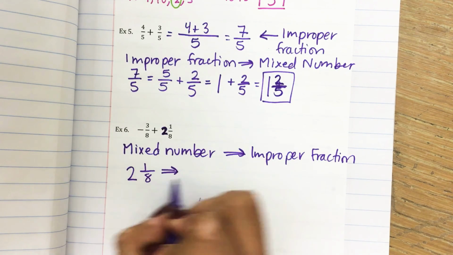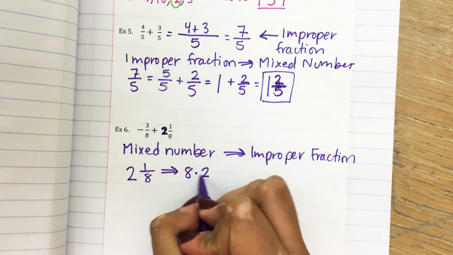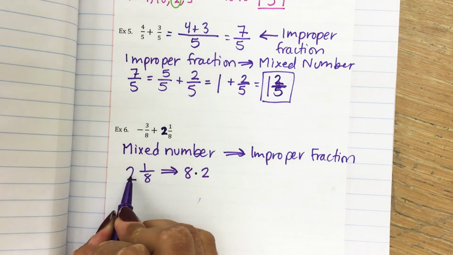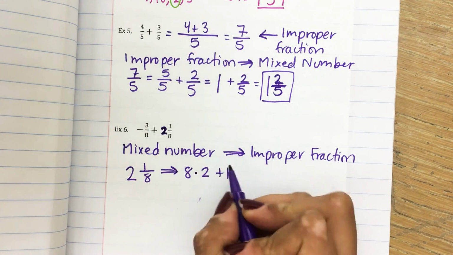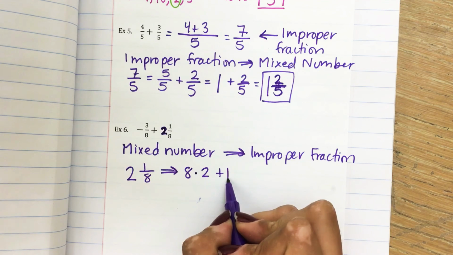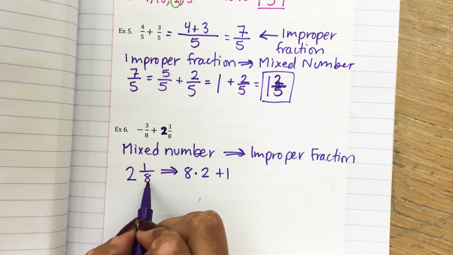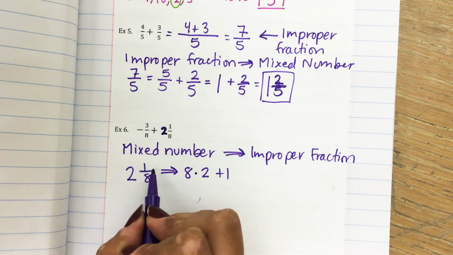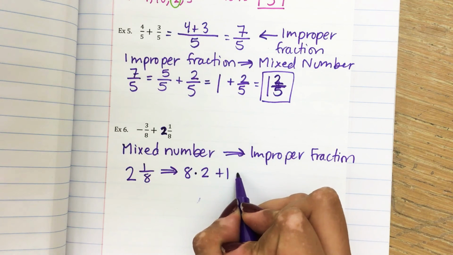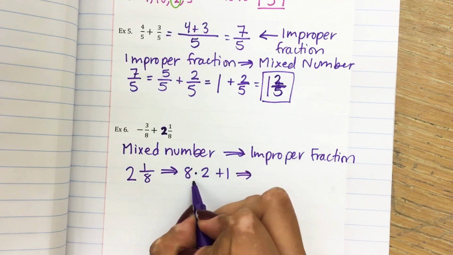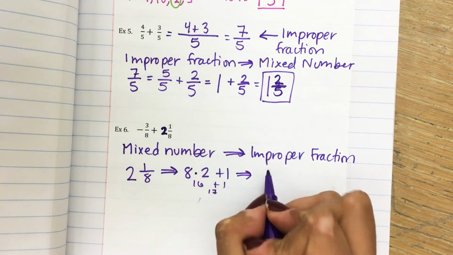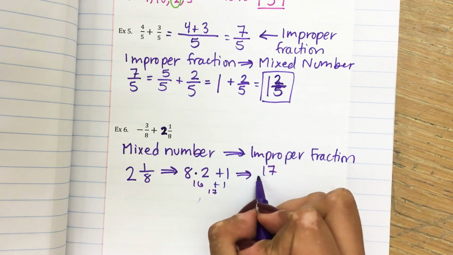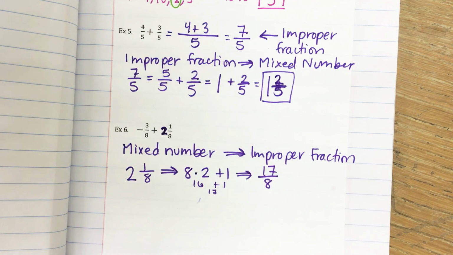I take the denominator, 8, times the whole number 2, and then I add the numerator, 1. So this is 16 plus 1, 17. 17 over 8 would be my improper fraction for 2 and 1/8.